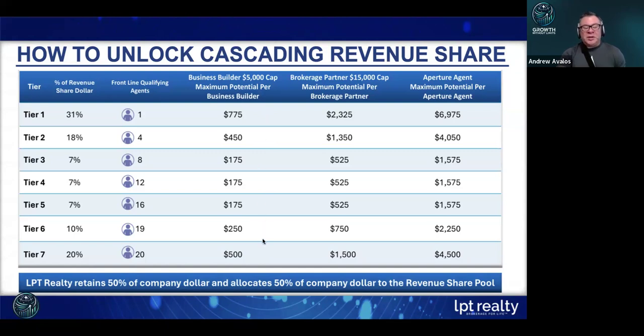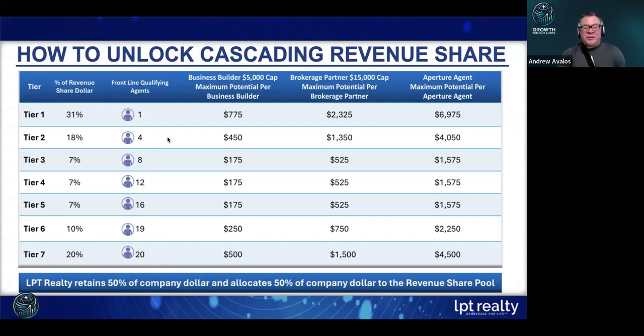In order to unlock all 7 levels at LPT Realty, you would need 20 agents on your tier one. So your frontline qualifying agents, in order to unlock all 7, as you can see, 20 agents unlock all 7 levels. You attract your first agent to the company, and from the very first agent that you attract, you will be paid revenue share on all of them.